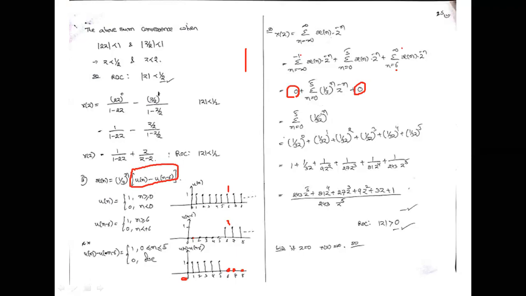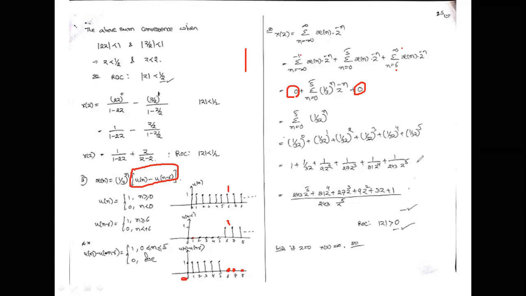Take this single function (1/3) z power minus n, which is (1/(3z)) whole power n. Expand this function: (1/(3z)) power 0, (1/(3z)) power 1, and so on up to (1/(3z)) power 5. Anything power 0 is 1, so 1 plus 1/(3z), 1/(9z²), 1/(27z³), 1/(81z⁴), and 3 power 5 is 243, so 1/(243z⁵).